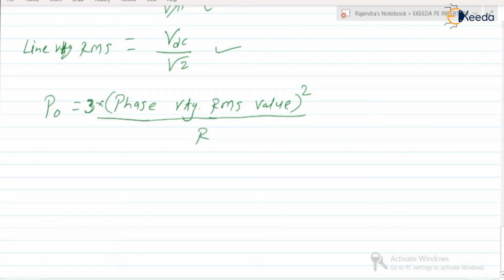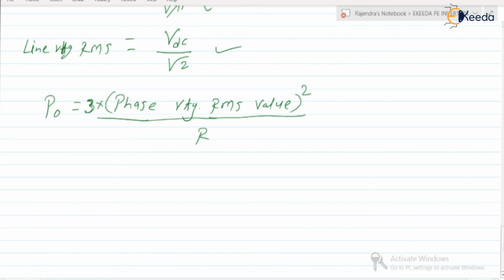So it is 3 into per phase RMS voltage squared divided by R. This is P0. Is this clear? Are you getting the point? Or you can find it with root 3 VL into IL also, where IL is the line current.